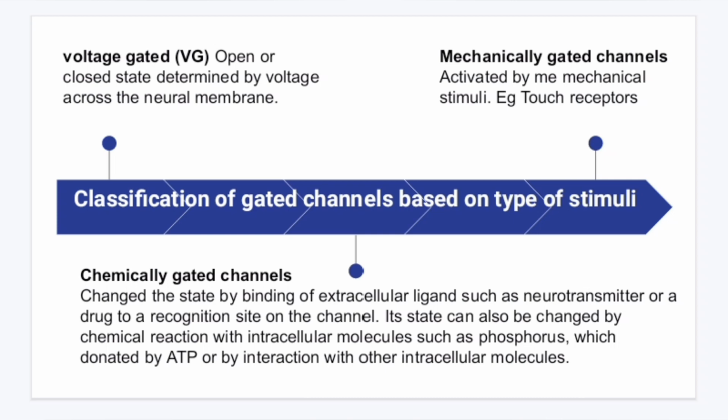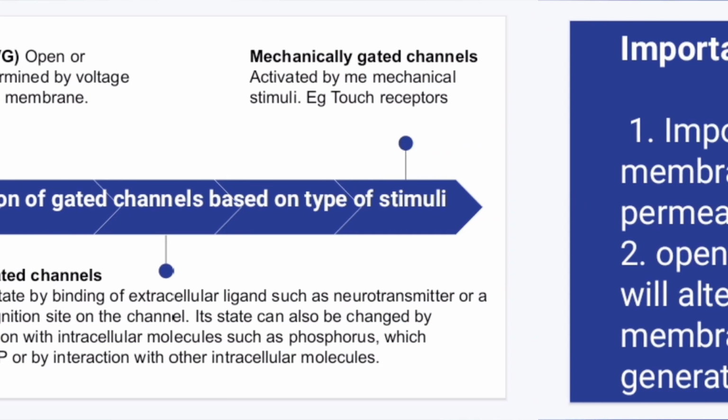A mechanically gated channel is activated by a mechanical stimulus like the touch receptors, smell receptors, etc. Chemically gated channels change state by the binding of extracellular ligands such as neurotransmitters like acetylcholine, which bind to the ligand binding site and cause a conformational change in the gate channel, resulting in ion conduction.